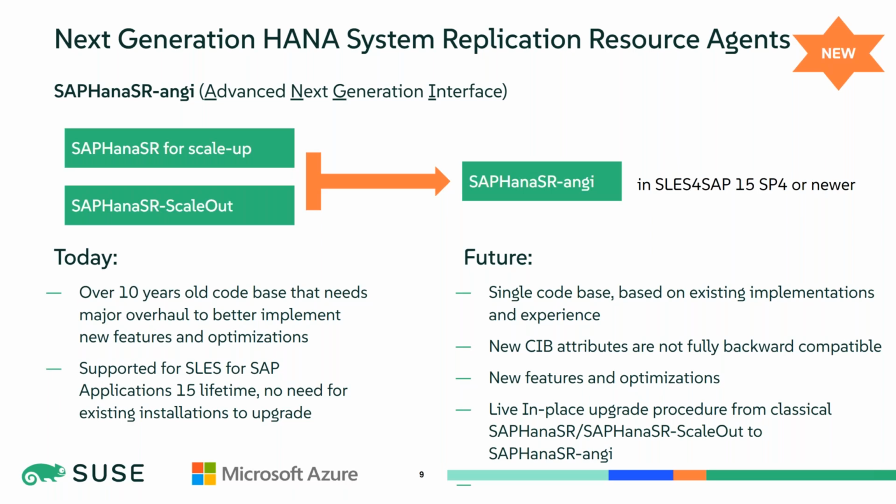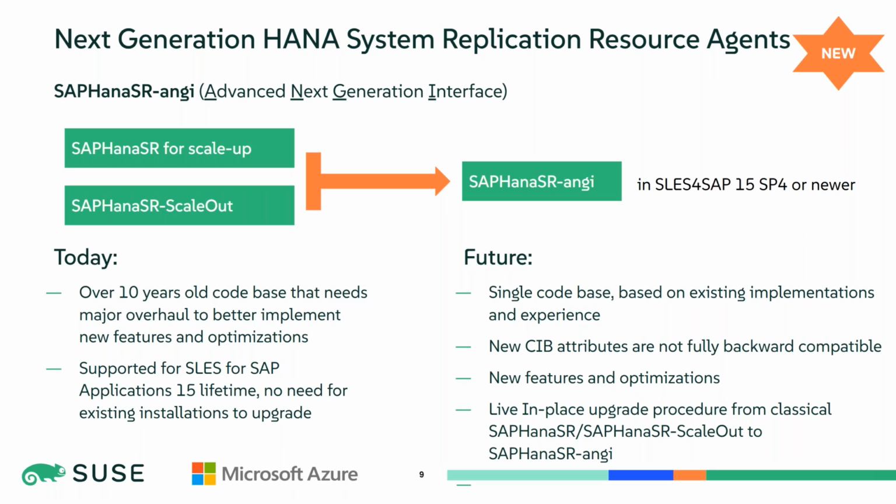Those are two separate code bases over the past 10 years, which means that every time we improve scale up, sometimes the same improvement can also be made to scale out, and then we put a separate improvement into the scale out resource agent.